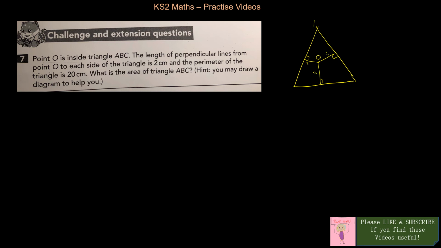So we have A, B, C. If these are the perpendicular lines and they're all 2 cm, then O is the center of the triangle. It has to be, they're all equal.